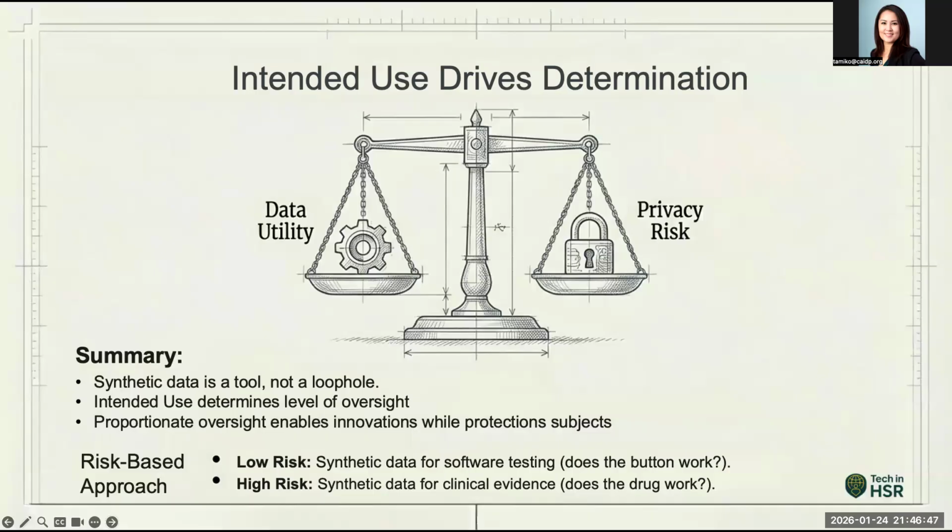It just means that the level of documentation, the review depth, and ongoing monitoring should match the potential for harm, but we're going to have to understand that harm by asking more questions. So for example, software testing, right? That's less risk than something that requires clinical evidence.